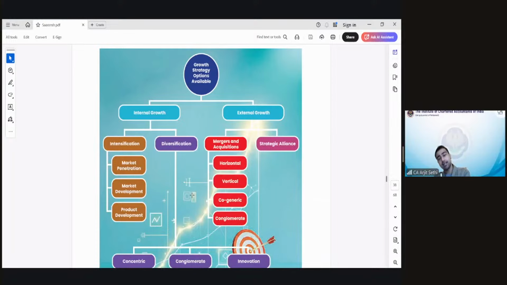So she stays within the domain of income tax, but now she also starts pitching companies, corporates. She starts pitching SMEs, small and medium enterprises.